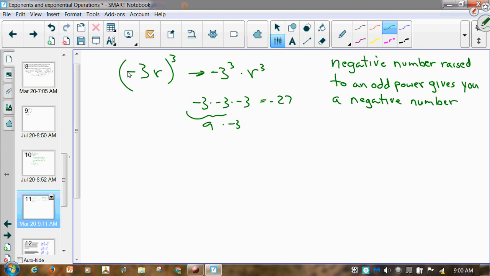Okay, that's an important thing to remember. So any negative number raised to an odd power, you're going to end up with a negative number result.